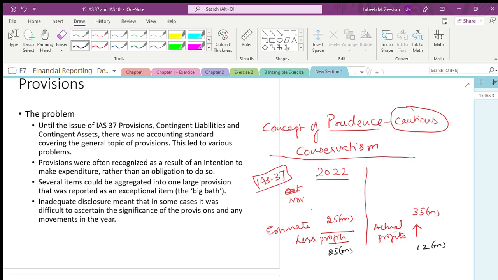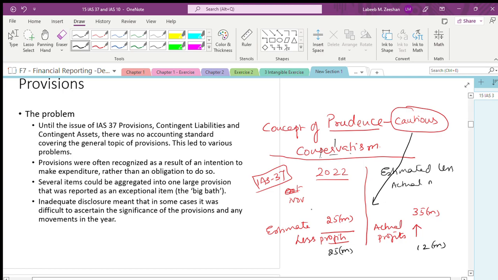People will act cautiously. When you go cautiously, you estimate less, but actual should be more.